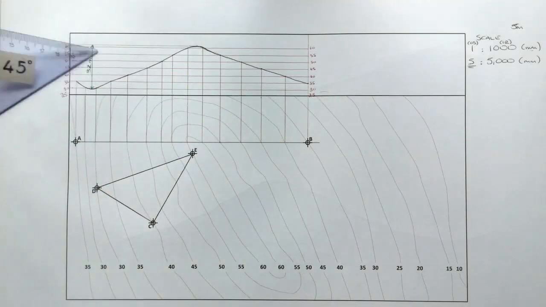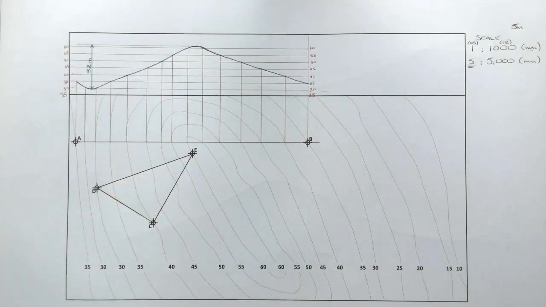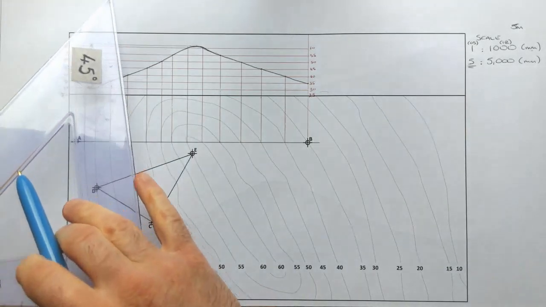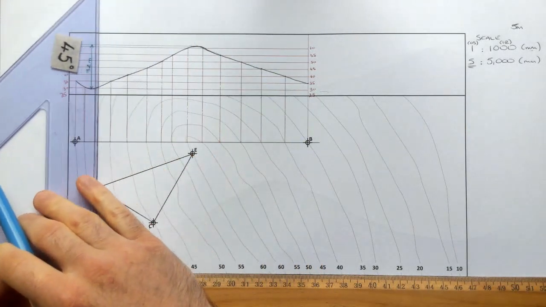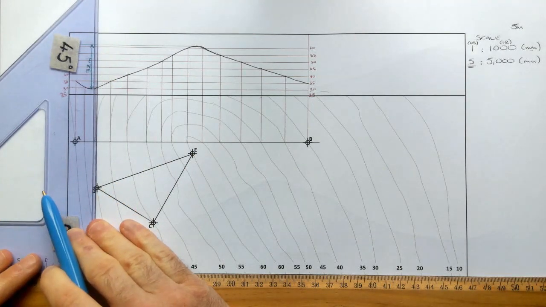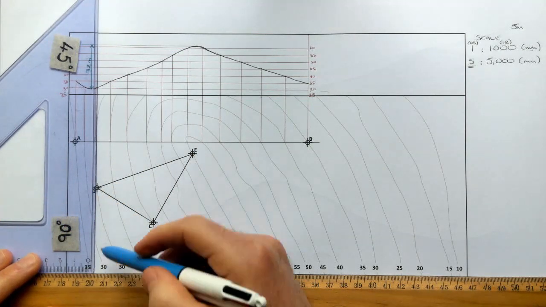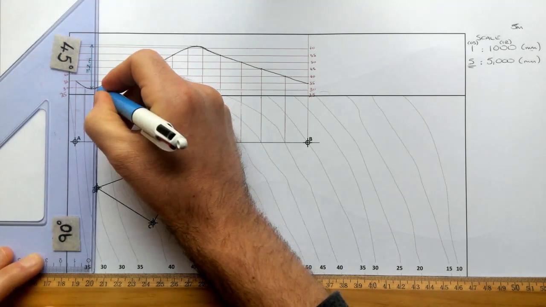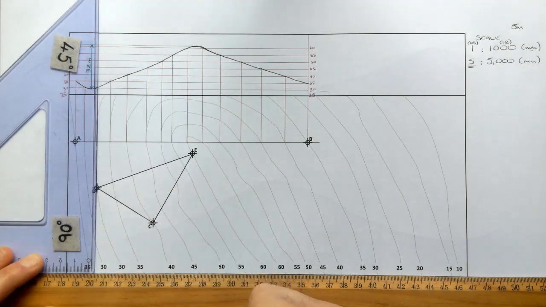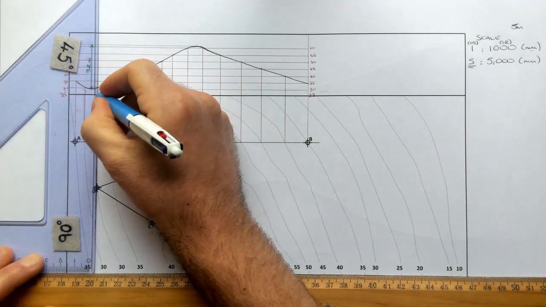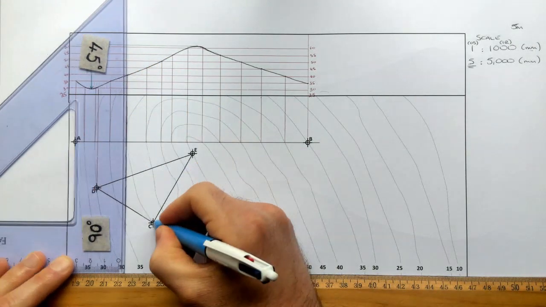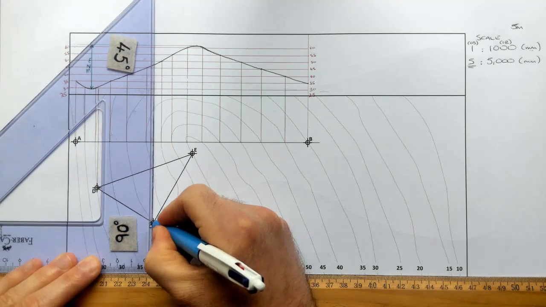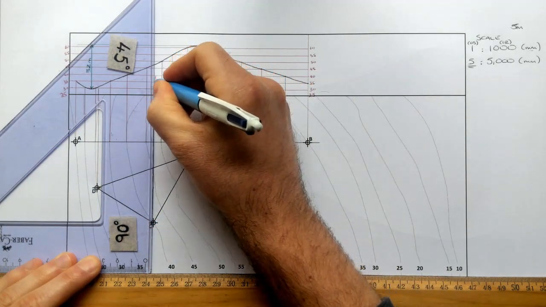Okay, so what I want to do is, having found a plan view of it, anytime we have to find a strike, which is the first thing they ask us for up here, a strike can only be found when we also have the elevation view, unless they give it to us beforehand. Now, I know D is on the 30, so I'll come up as far as the 30 there for the D. Okay, C was on the 40, so I can project it up as far as the 40 meter height.